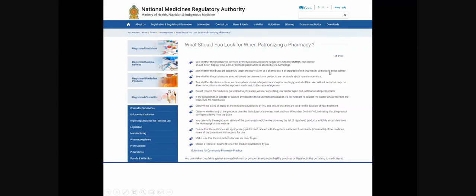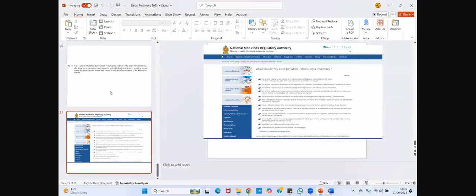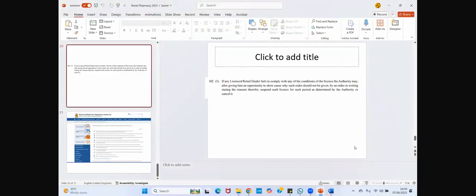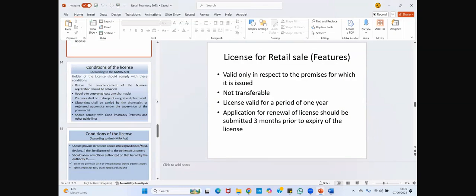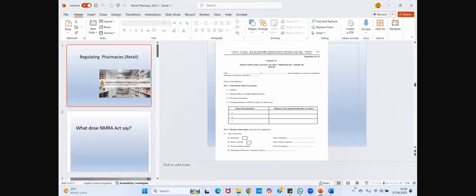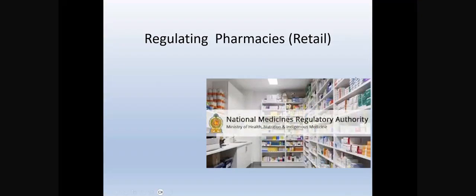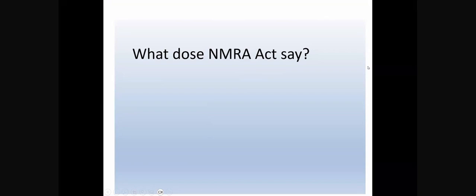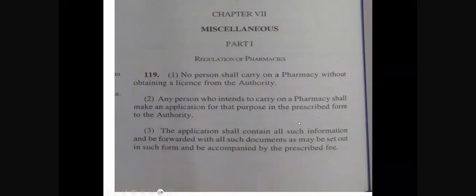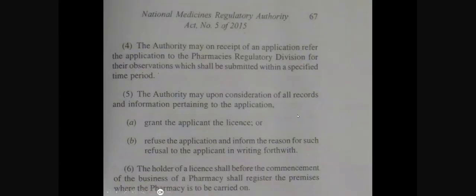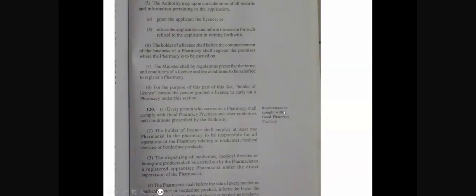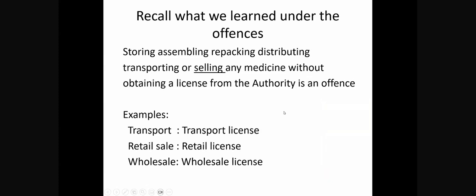So this is the website. So this is the regulation of pharmacies. What does the NMRA say? Yes. So this is the regulation of pharmacies. So we have already read. So requirement to comply with offenses. For example, transport, you need to take a transport license.